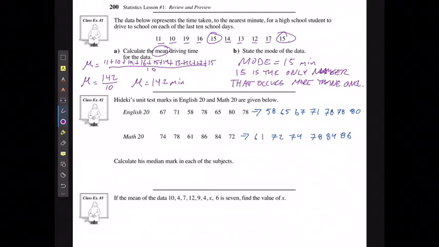In English, I had 1, 2, 3, 4, 5, 6, 7 marks. And the median is going to be the middle one, so the fourth one that occurred. For English 20, his median is 71.